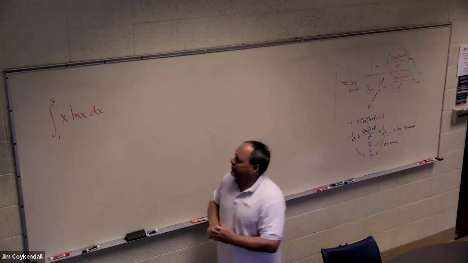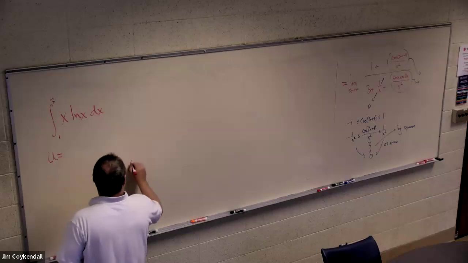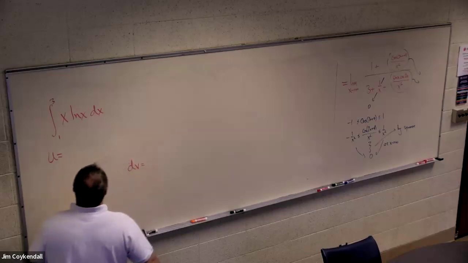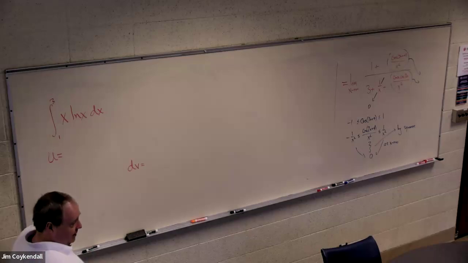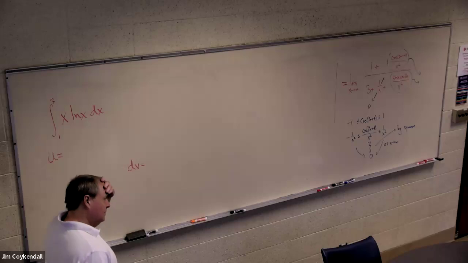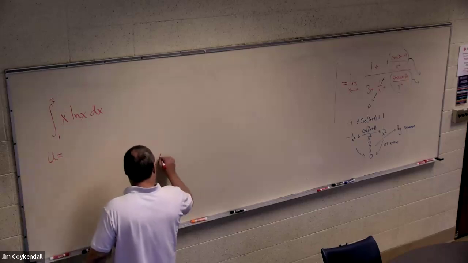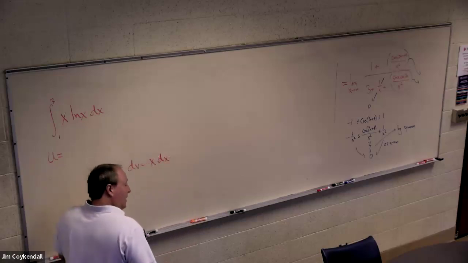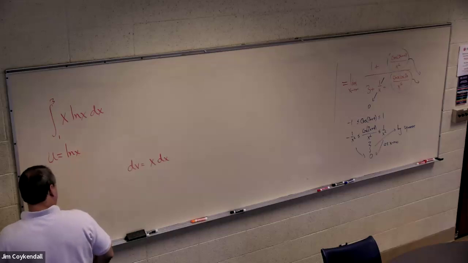If we do parts, what's your u and what's your dv? What's the biggest, scariest piece that you can't integrate easily in your head? I would say the log. And don't forget dx. This is why parts works well with logs and inverse functions in general.